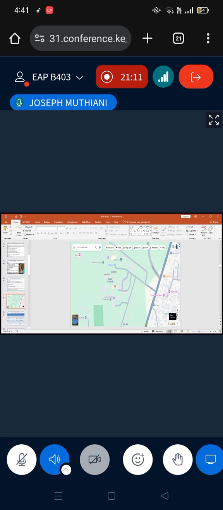You can see there is the labeling of the highway and where educational facilities are located. So this is a good example of a global positioning system that can be used to locate educational facilities and therefore help you when you want to expand educational facilities or construct new ones.